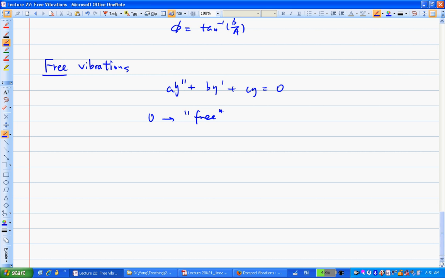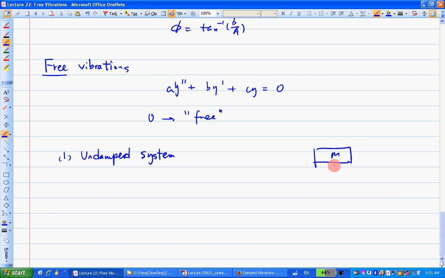I'll use the example of a mechanical mass spring damper system to illustrate this. Number one, we're going to talk about the so-called undamped system. What does that mean?